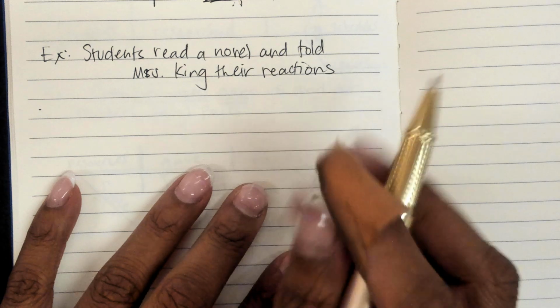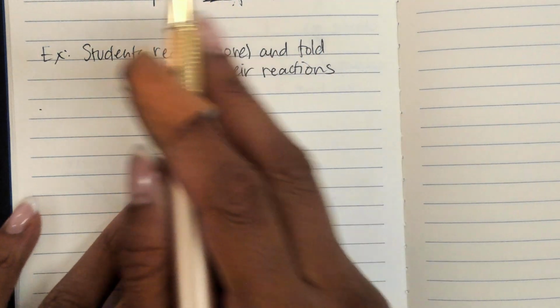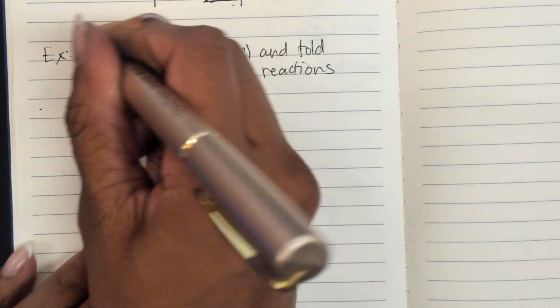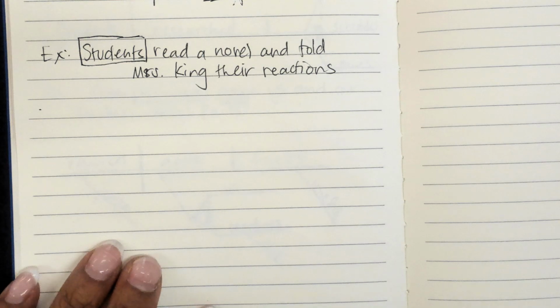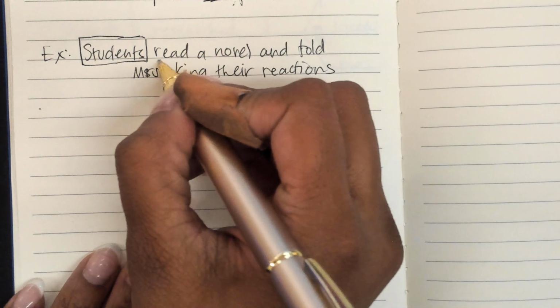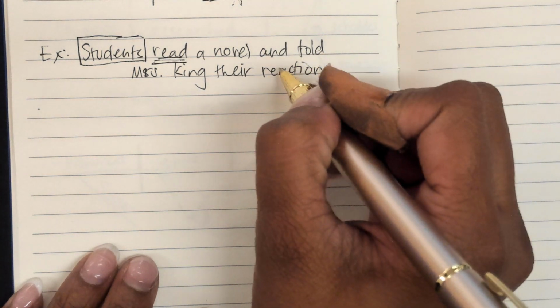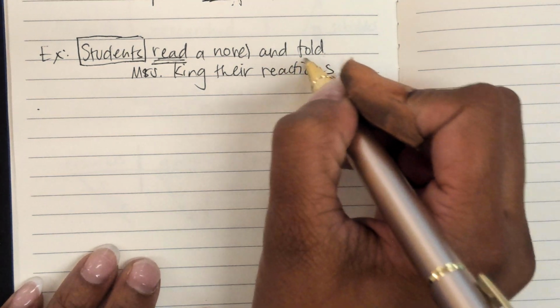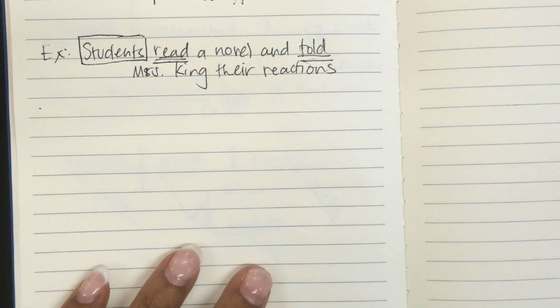Take this nice and slow. Let's start first by finding our subject. Our subject again is students. Now, what did the students do? The students read, and where's my other verb? They told. Good.